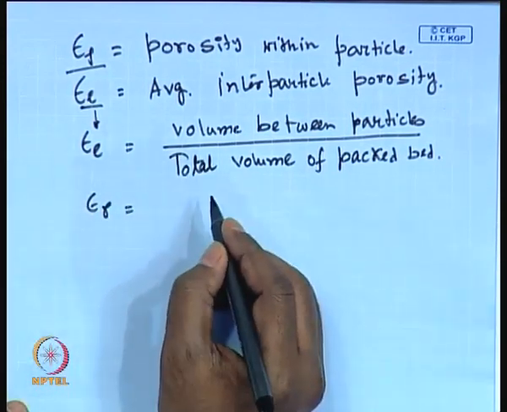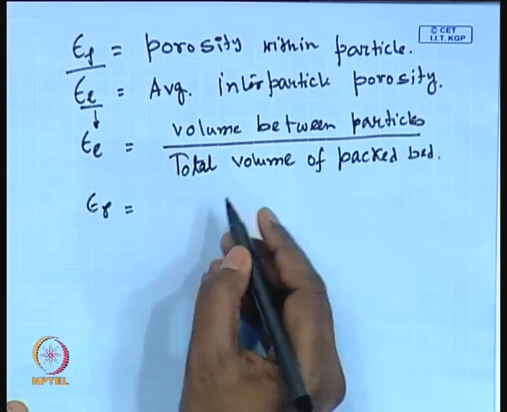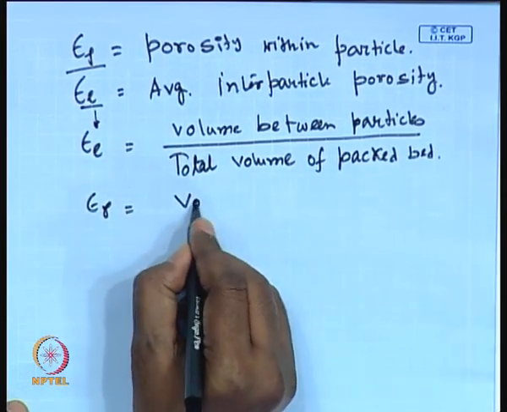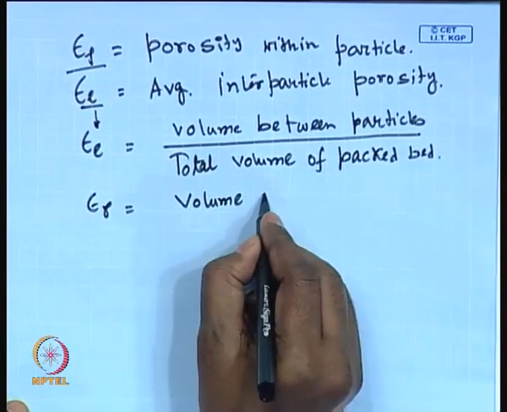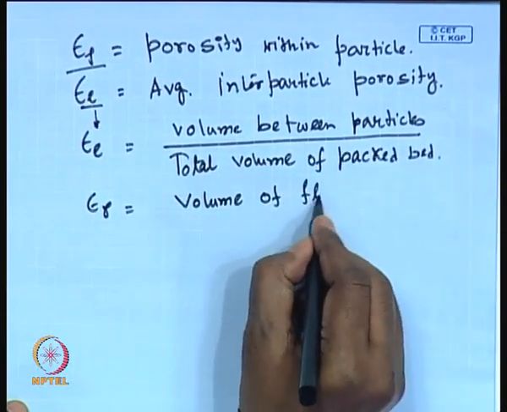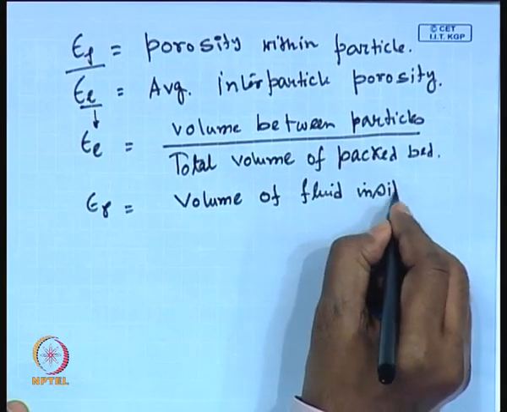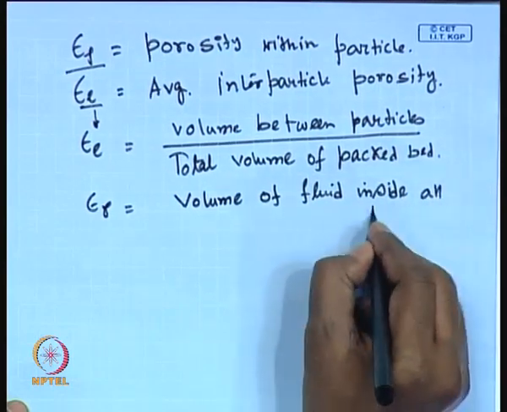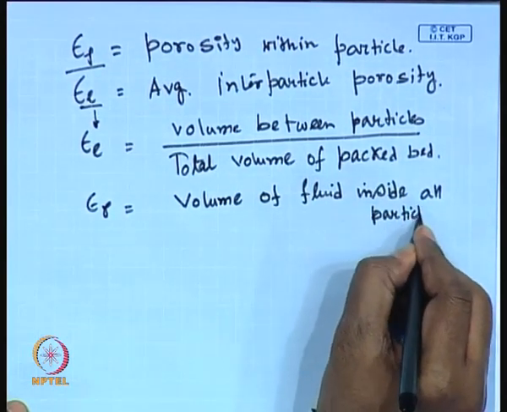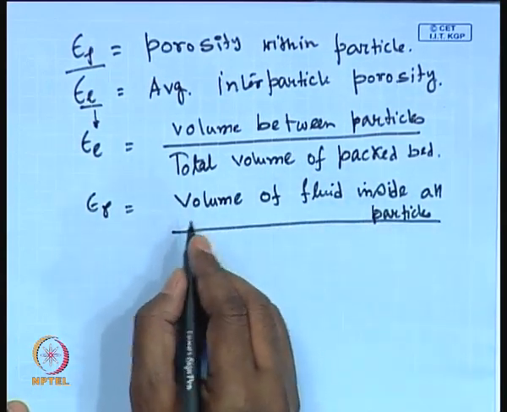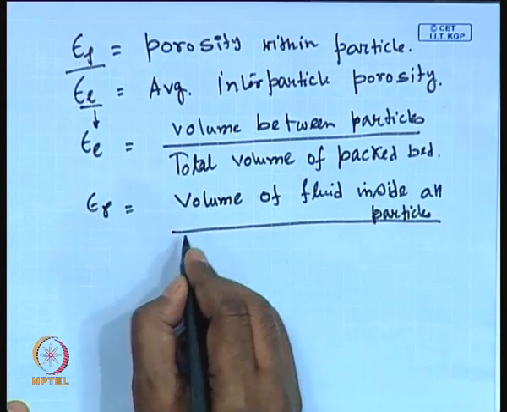Epsilon p is volume of fluid inside all particles. This is the particle porosity. Volume of fluid inside all particles, divided by total volume of all particles.